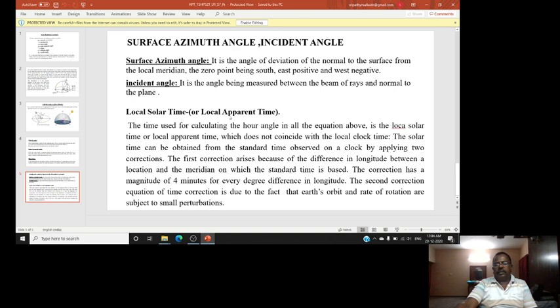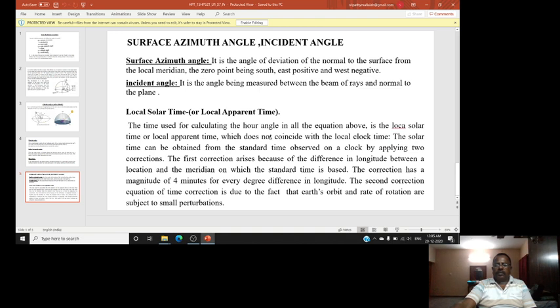Next is local time. What I told earlier is local apparent time, LAT. It is the time used for calculating the hour angle in all the equations, but those equations are not mentioned here because we are not going in depth into the calculation of all these things.